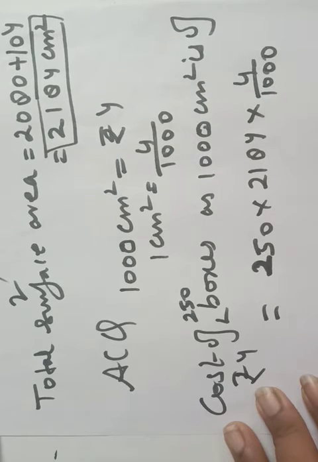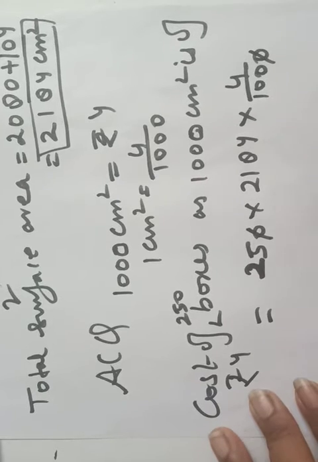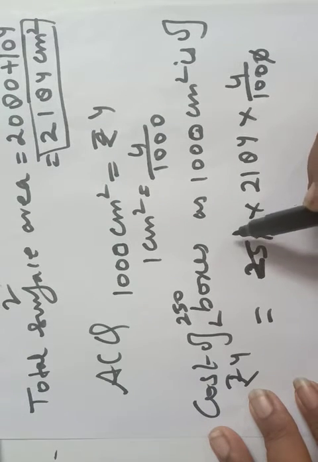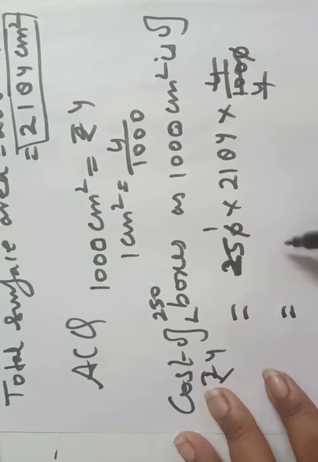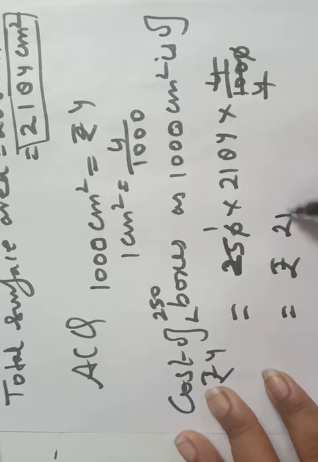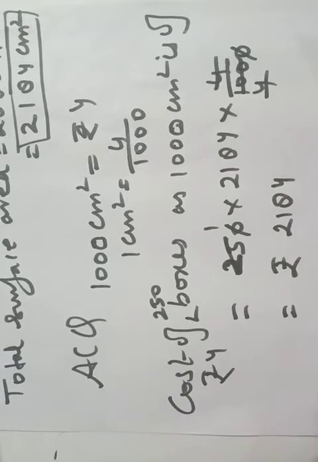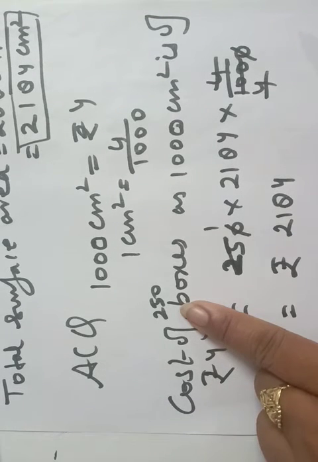Now we need to simply solve this. So we have to calculate this. 0 is cancelled out by this 0. 25 ones are 25 and 25 fours are 100, and 4 is cancelled out, and we have got the same, that is rupees 2184. This is the cost of 250 boxes.